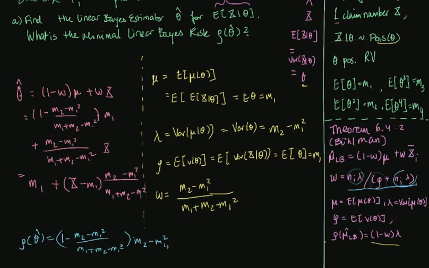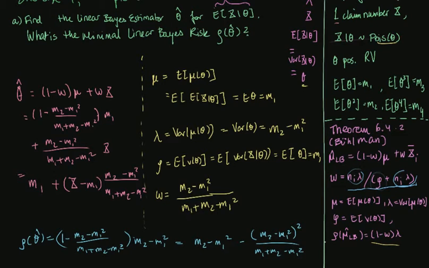We can also multiply this in there if we want to. It doesn't make a big difference, but it's nice to get rid of the 1. So I have m2 minus m1 squared, this thing squared, since I'm multiplying this into the numerator, divided by m1 plus m2 minus m1 squared.